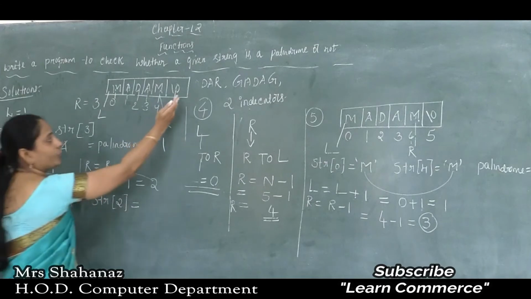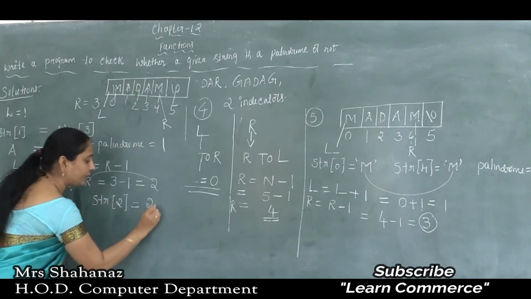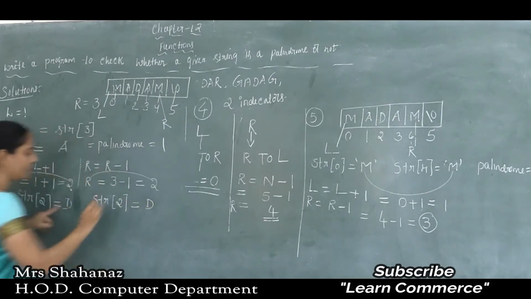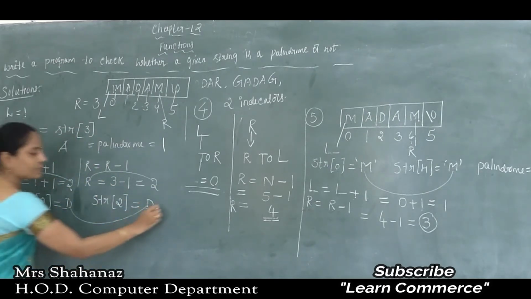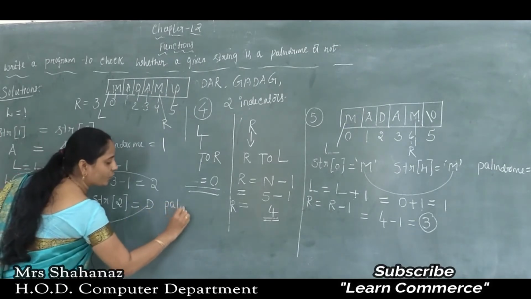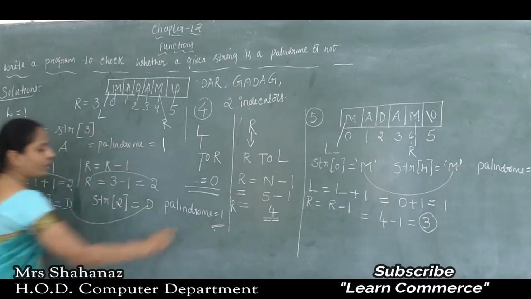And when you check from the right side, the second position value is also D. Clear this point here? So we can say that D is equal to D, and the palindrome value is equal to 1 here.